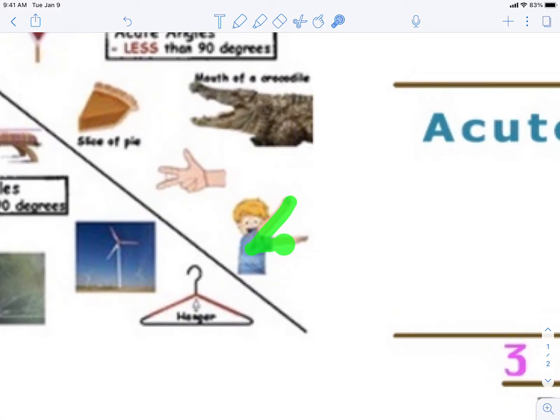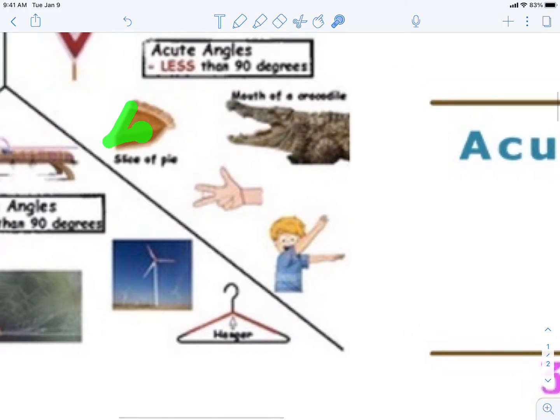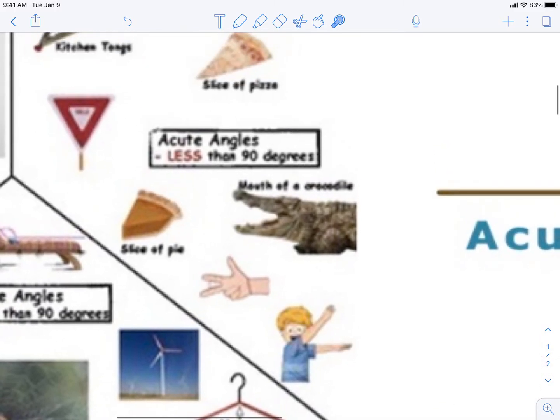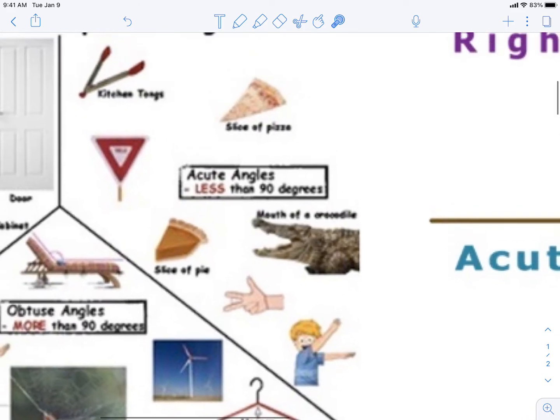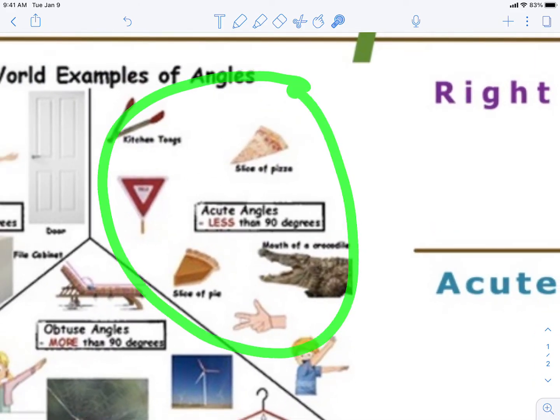And this girl, or this boy, makes an acute angle here. This slice of pie, which is my favorite, by the way, pumpkin pie, makes an acute angle. Again, acute angles are less than 90 degrees, between 1 degree and 89 degrees. It can't be 0 degrees because 0 is flat.